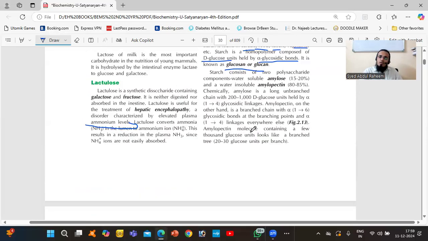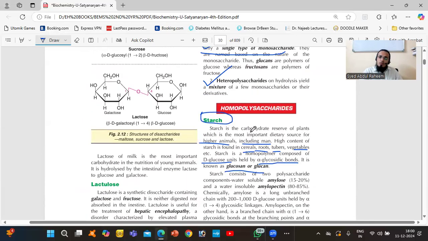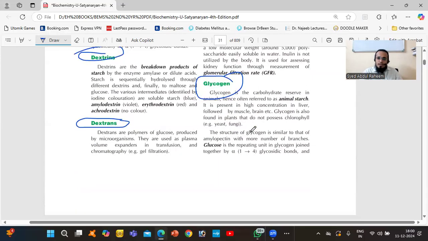In that polysaccharide group, we have homopolysaccharides. Next, we have glycogen. Glycogen is also a polymer of glucose, where large numbers of glucose molecules are attached and stored. In it we have more than 10 glucose molecules, so that's the reason we call it a polysaccharide. In that, the same type of molecule is there, like glucose.